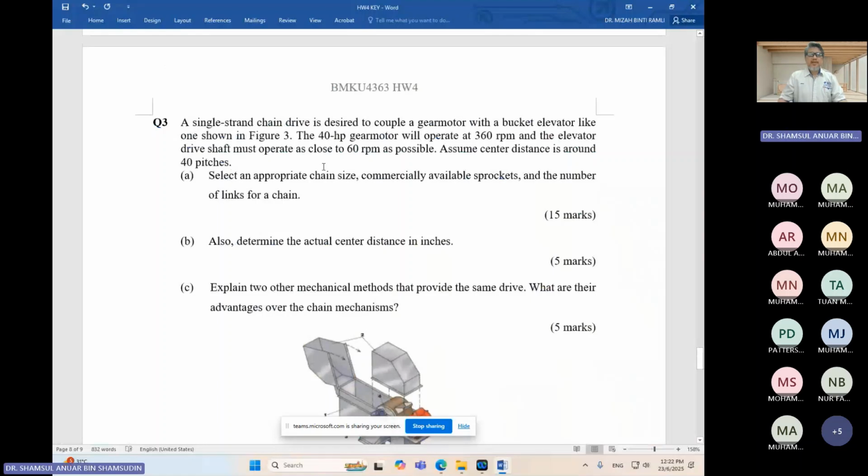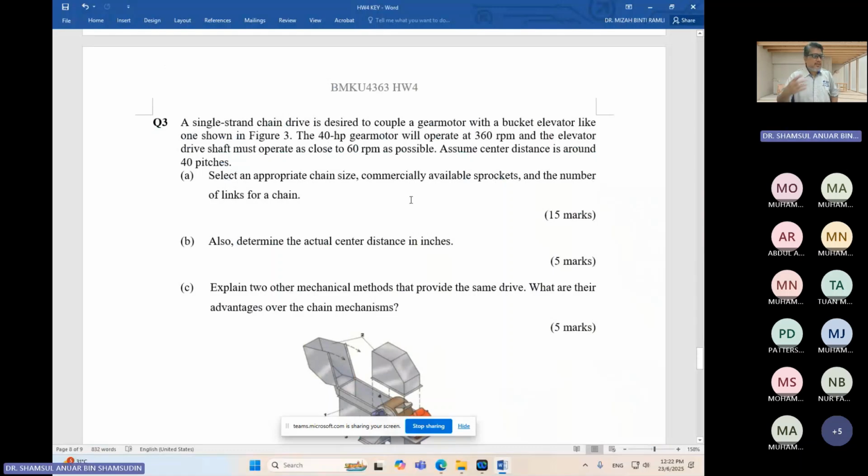So the information is that the power that you want to deliver is 40 horsepower, and the gear motor operates at 360 RPM, and at the drive shaft is 60 RPM.